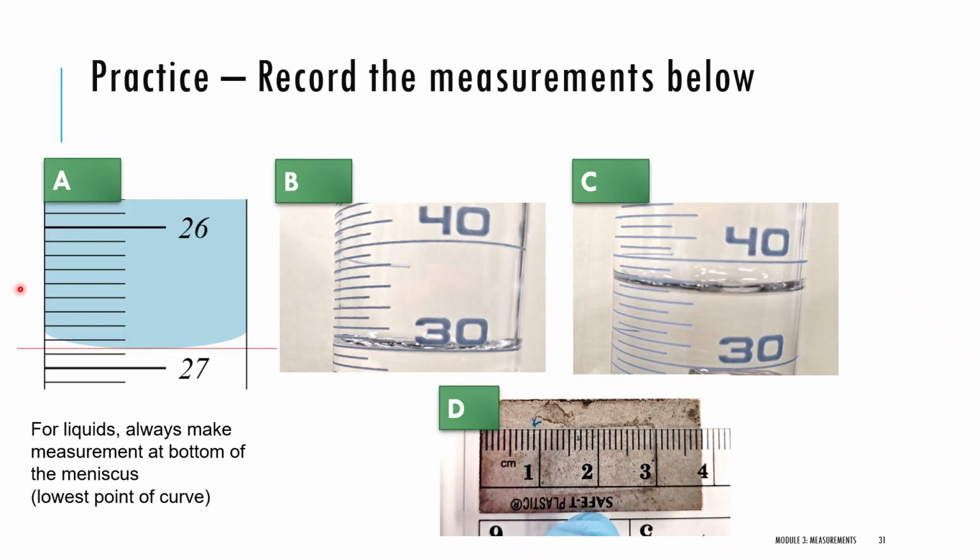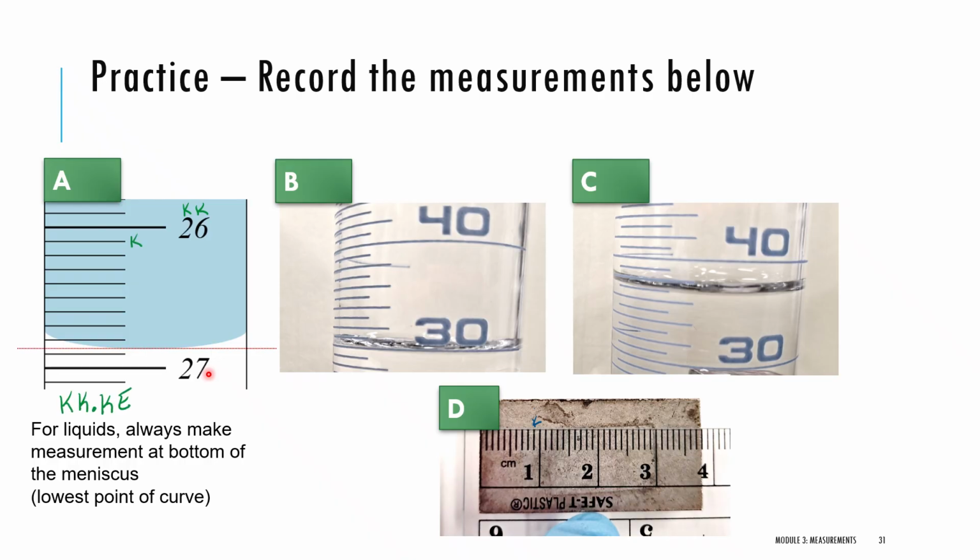Now look at the images below and record the measurements for each. Starting with image A, the numbered lines are 26 and 27, which are 1 unit apart. This tells us that the ones place is known. The smaller lines in between them represent tenths, so the tenths is also known. The measurement template is KK.KE.